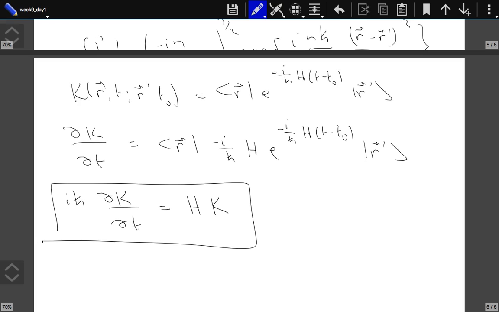Okay, just keep one thing in mind. This H over here is an abstract operator, where p is the momentum operator. That's it. It's not the derivative operator in this line.